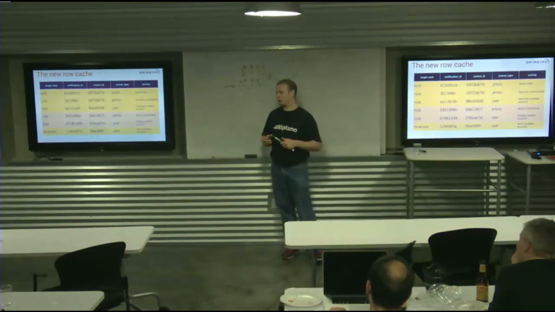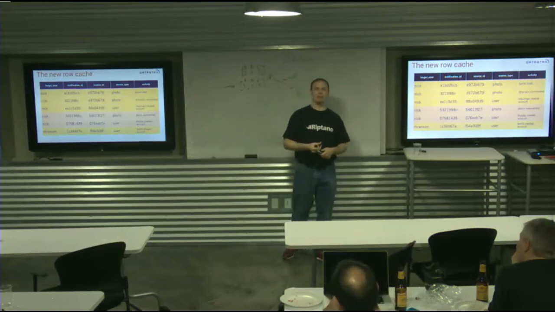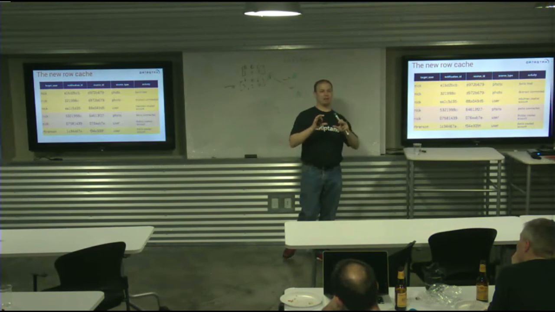So we've talked about changing how the row cache works and not invalidating it, but combining it with the memtable writes. And we're not doing that for 2.1. We're just going to fix the main problem, and then we'll look at doing some more optimizations for 3.0.